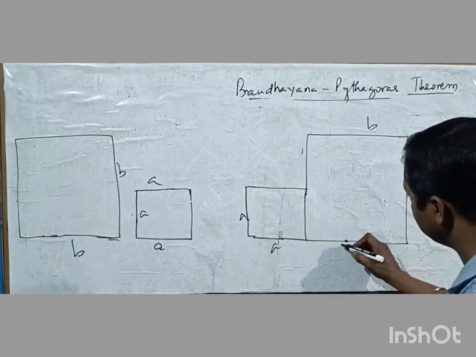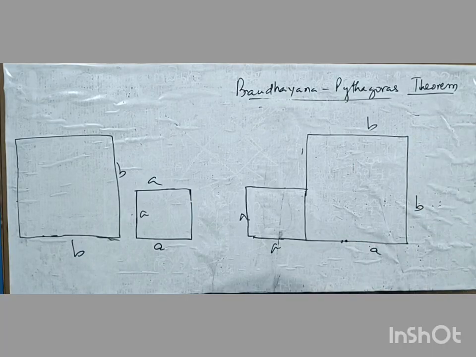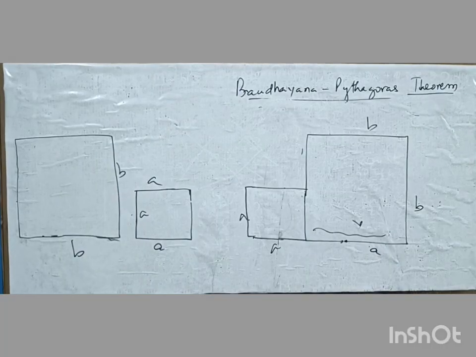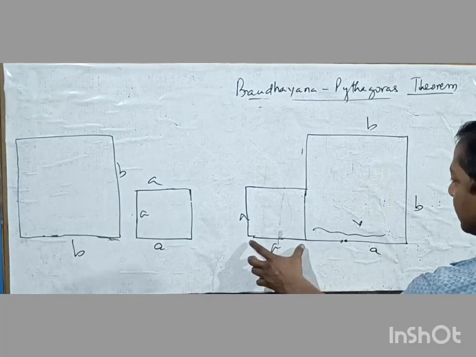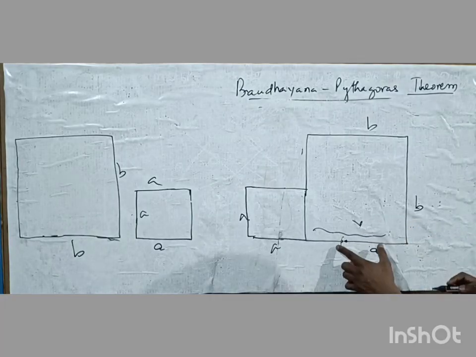So this will be what? This total area is B. And if I am taking this length A here, this will be what?